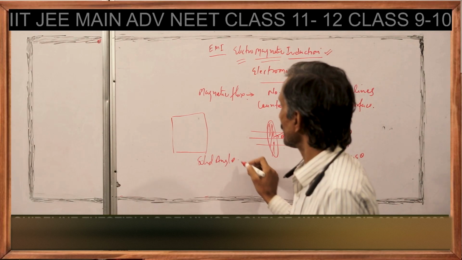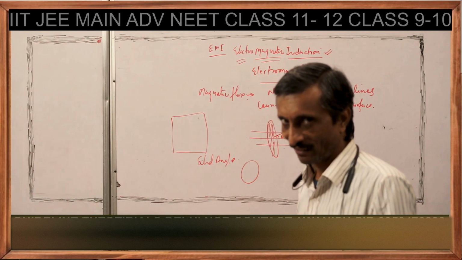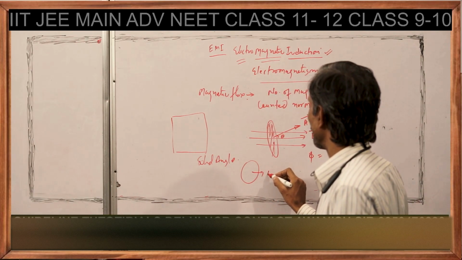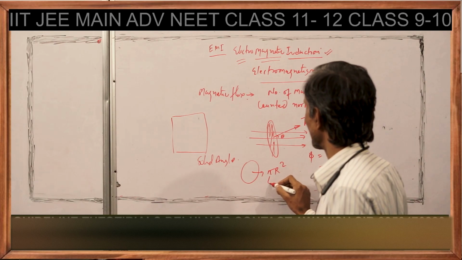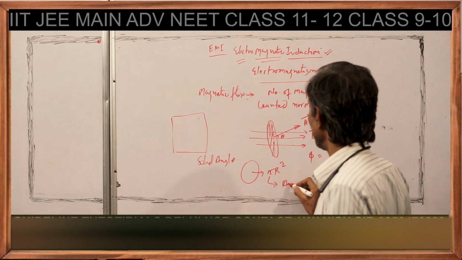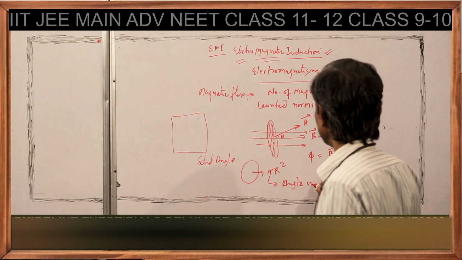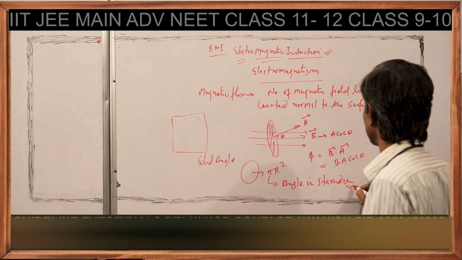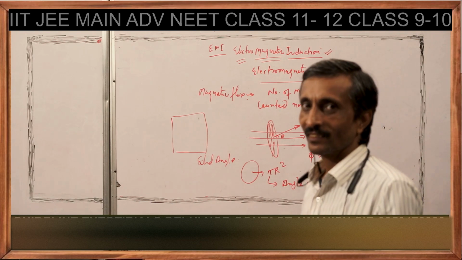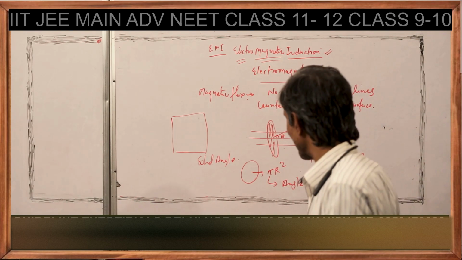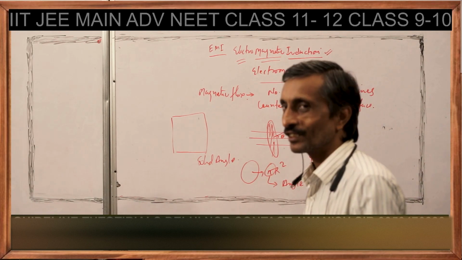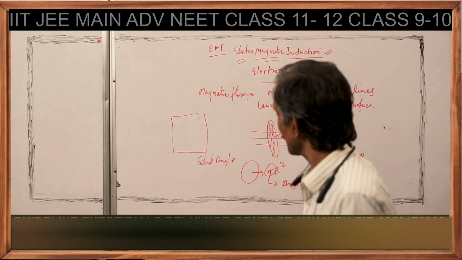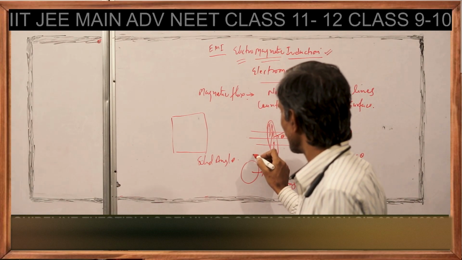We know the area of a circle is pi r squared. What is this pi? This is an angle in steradian. Some people think this is radian. No, this is not radian. This is steradian. This is solid angle.